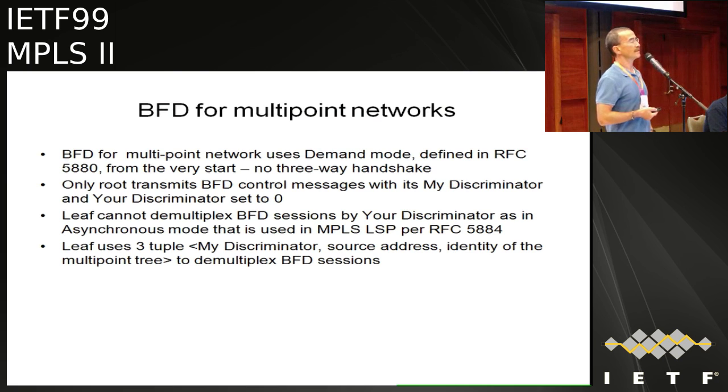Normally in BFD, per RFC 5880, the demultiplexing is done by a locally allocated identifier, so basically the value that comes to the node in your discriminator field would be a locally unique identifier.